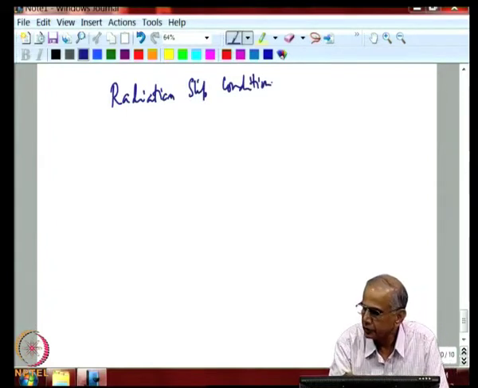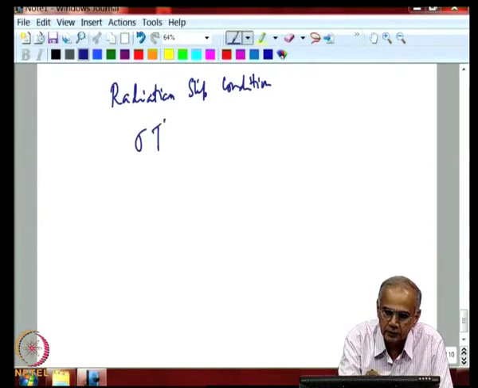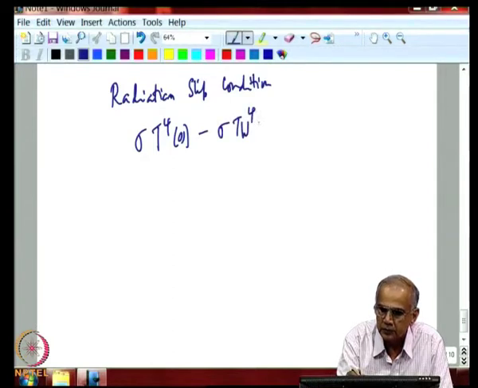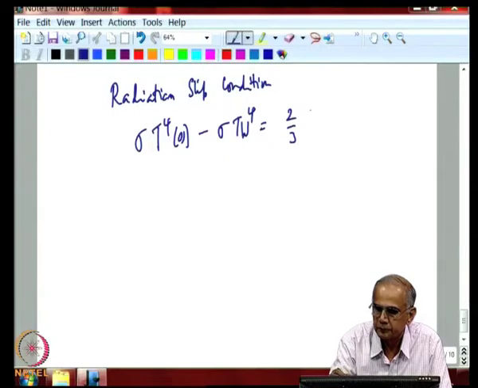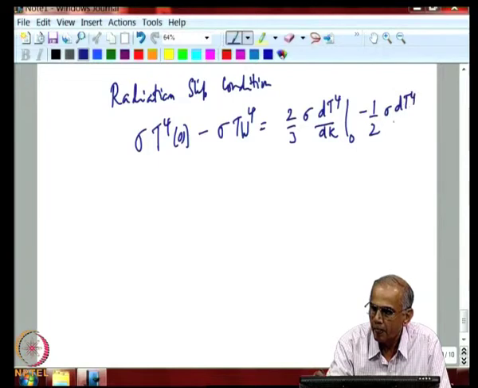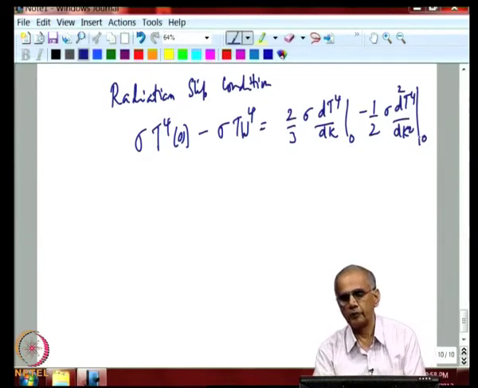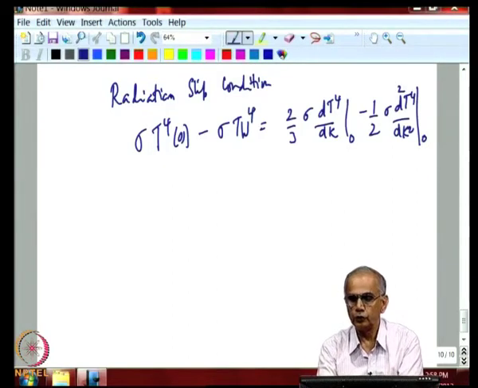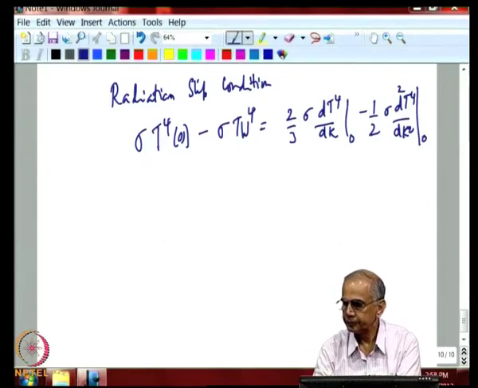This is a shortcut, easy to do, and this you recall from the last lecture is nothing but this is what we obtained by Taylor series expansion for radiation slip, and in our case we know these two quantities.